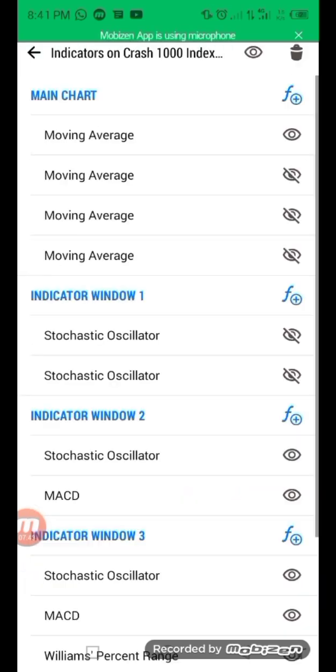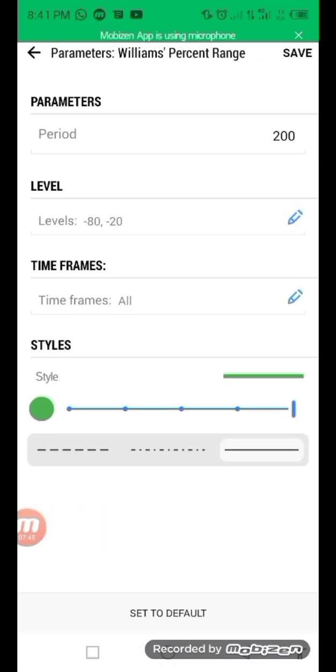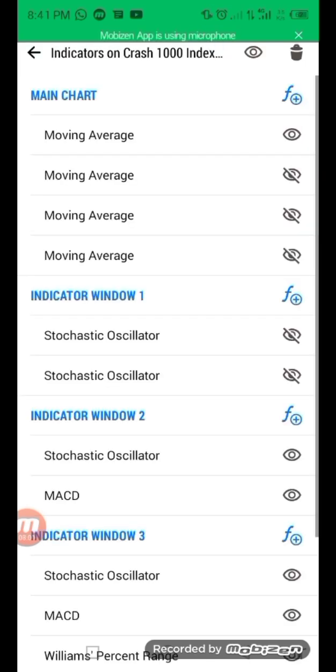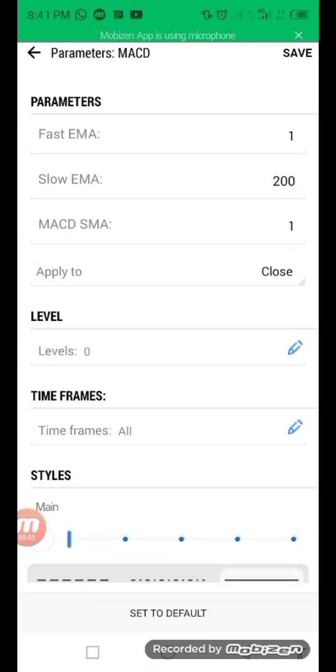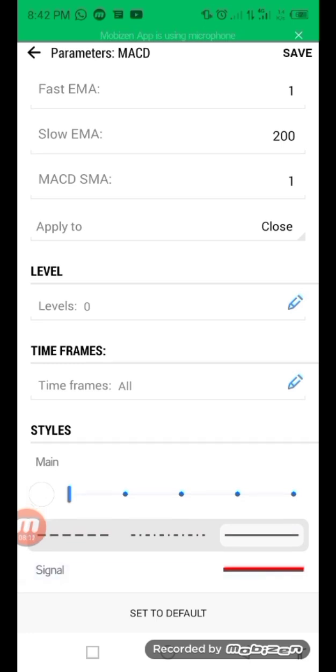Then for the bullish signal, we have the Williams Percent Range, period 200. Then for the green or the bearish signal, we have MACD fast EMA 1, slow EMA 200, MACD SMA 1, apply to close. Then the main line should be the same color as the background of your chart. Then the signal line is red.